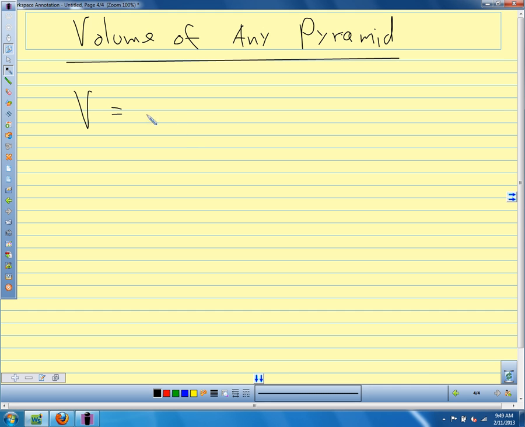Our volume of a prism was just the area of the base times the height. The volume of a pyramid is going to be less. Anybody have a guess how much less space is inside a pyramid than a prism? Divided by 2? Close. Turns out it's divided by 3.